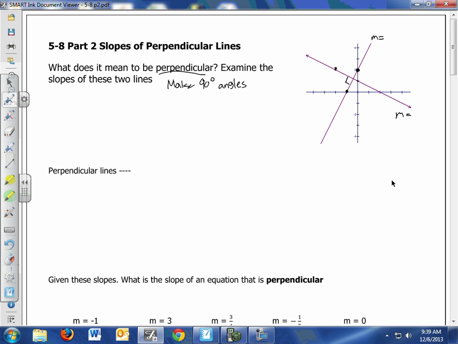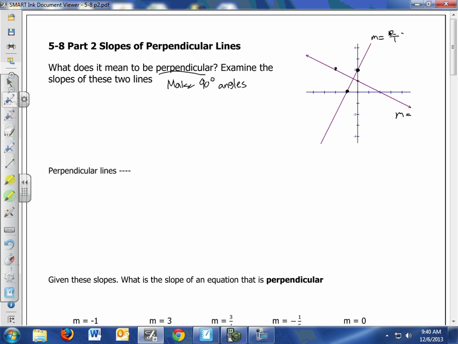Mr. Jacoby, what did you get for the slopes? What's the slope of this line? Yep, 2 over 1, which is just 2.